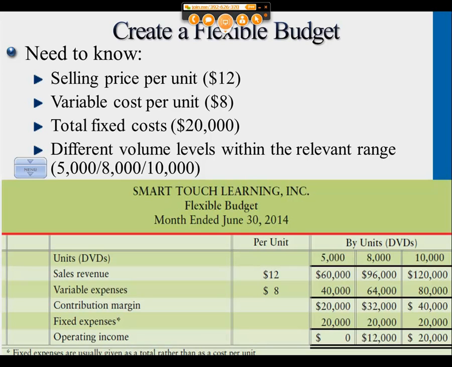All right. So how do we identify that this is a flexible budget? We have this by units columns, right? Where we identify different volume levels within the relevant range. So for us, the relevant range is 5,000, 8,000, and 10,000. So we calculate our flexible budget by units here.